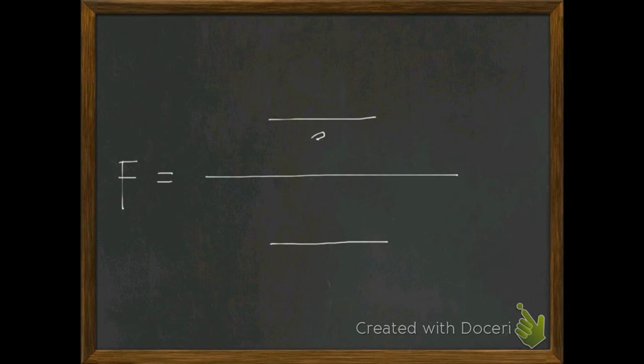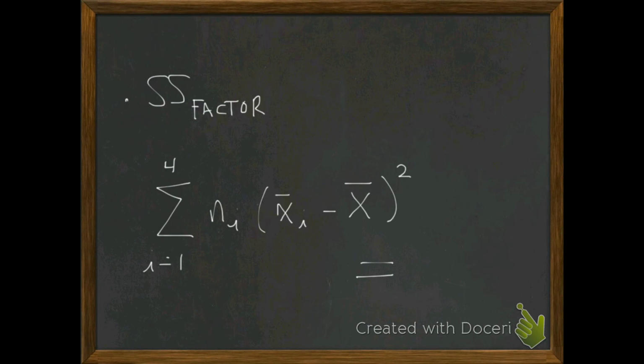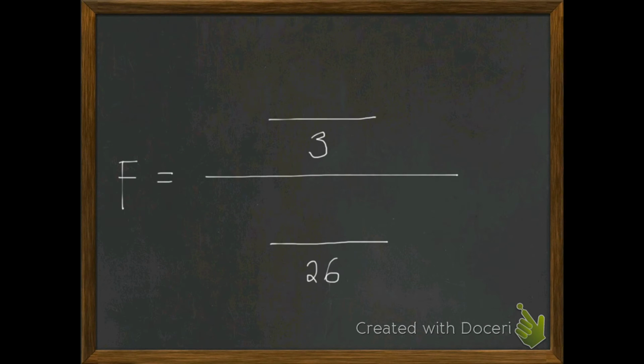Now, actually, to be honest with you, I just worked it out on the calculator, so it's not like I can do this stuff in my head. We know that the degrees of freedom for the factor is going to be 3, and we talked about that, and the degrees of freedom for the error are going to be 26. I did say that, right? Yeah. For some reason I thought I said 28. I'm like, whoa, that's not right.